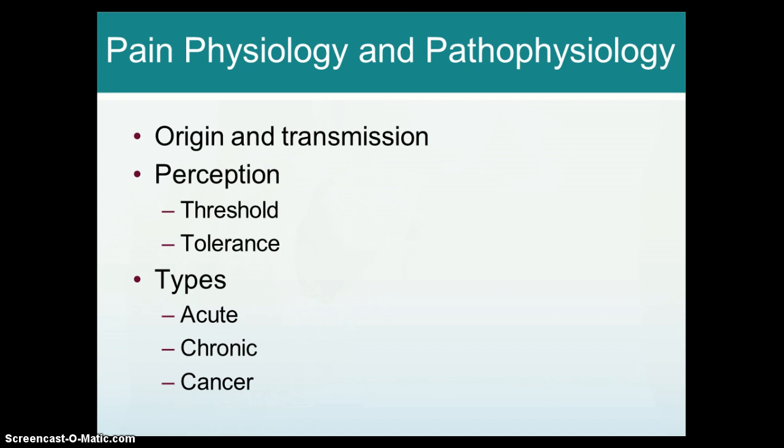All right. In the body, you have pain receptors. They're called nociceptors, and that term is in your book. Nociceptors are pain receptors, and they are activated by substance P, P for pain. It works kind of like the relationship between a neurotransmitter and the receptor sites.